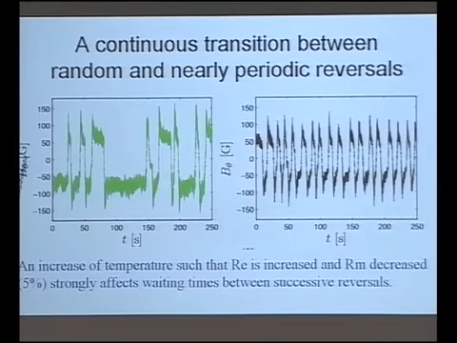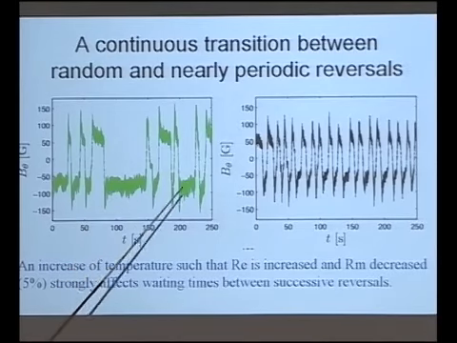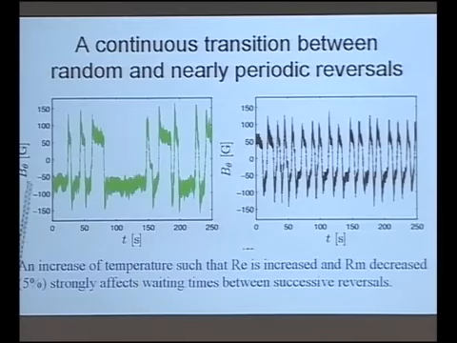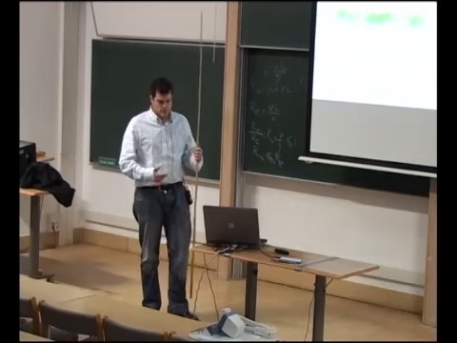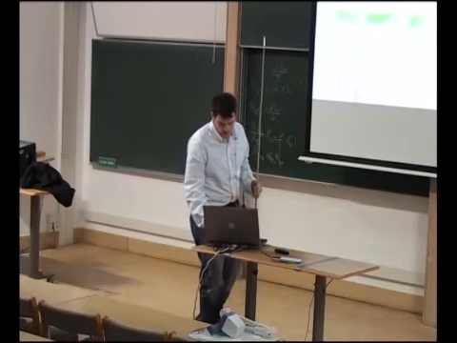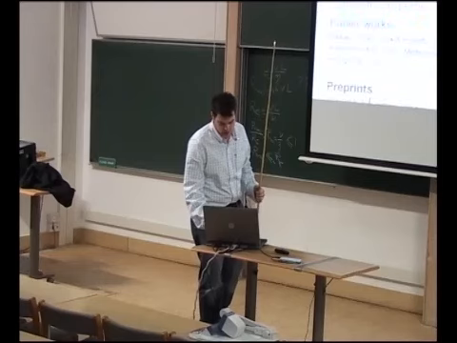And we see that when we increase the temperature, the system evolves from random reversal to roughly periodic oscillation. So the frequency increases, and it evolves from this kind of regime, where the waiting times are widely distributed, to a regime where the waiting times are less distributed. And that happens with a very small modification of the kinetic and magnetic Reynolds numbers.